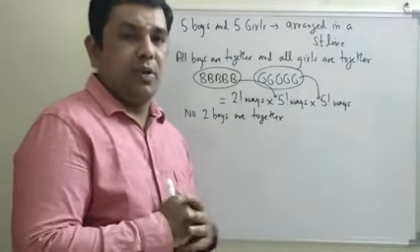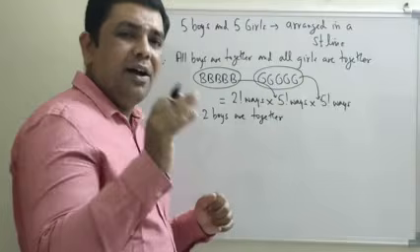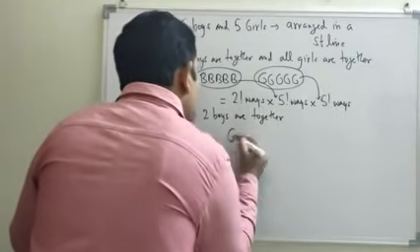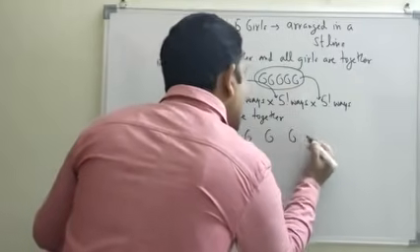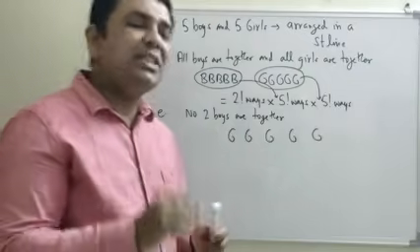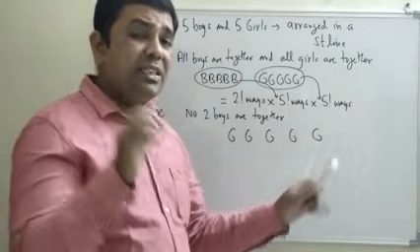How to approach such questions? What we will do, and I hope you are listening very carefully. What we will do, we'll first arrange the set which does not have any condition. So we'll first arrange the 5 girls. Alright, we'll first arrange the 5 girls.